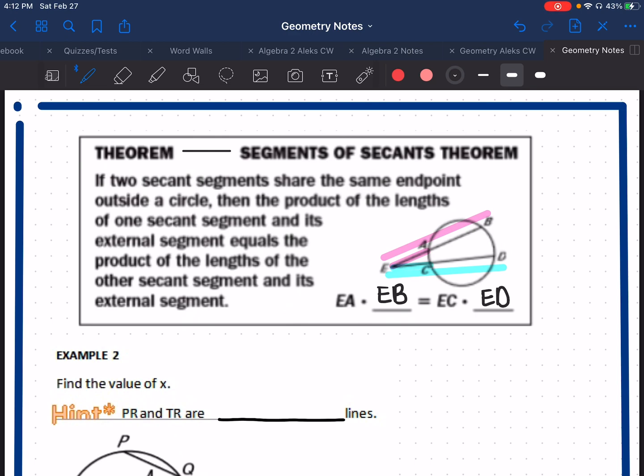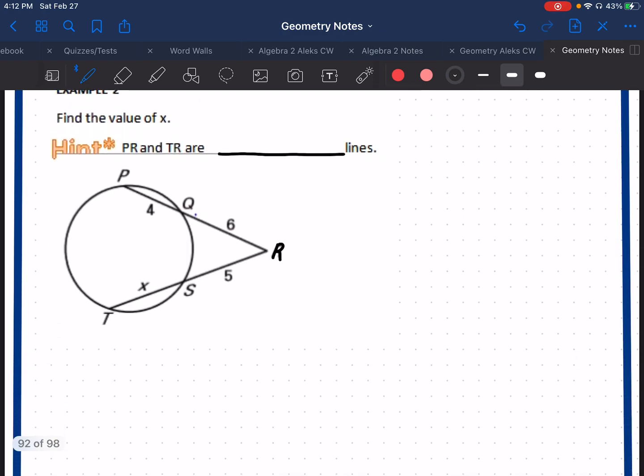Okay, so same idea, the outside part times the whole thing is equal to the outside part times the whole thing, secant to secant. All right, let's take a look at an example.